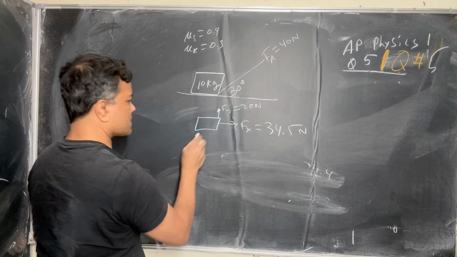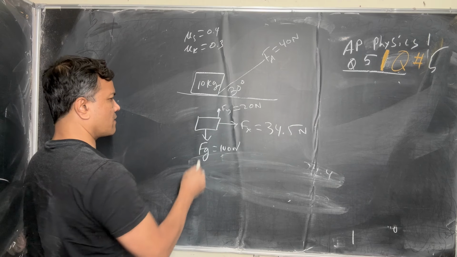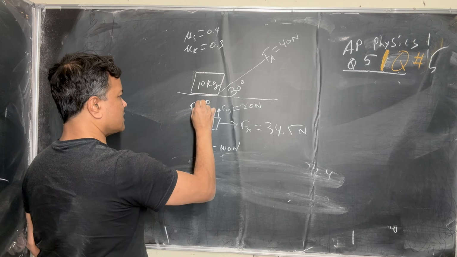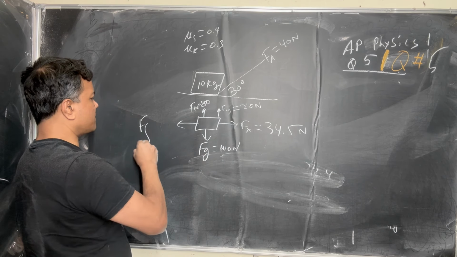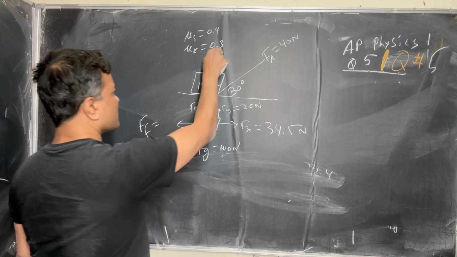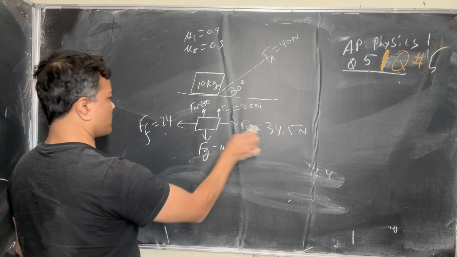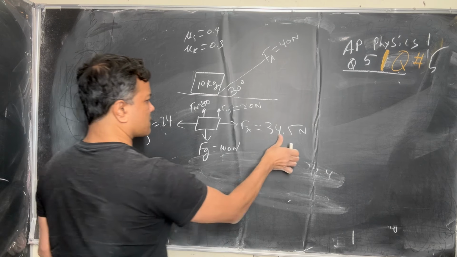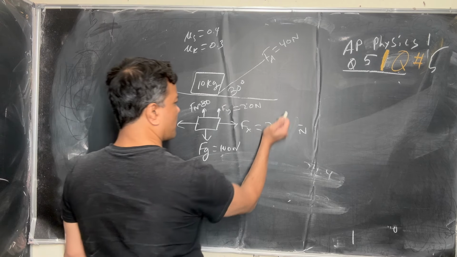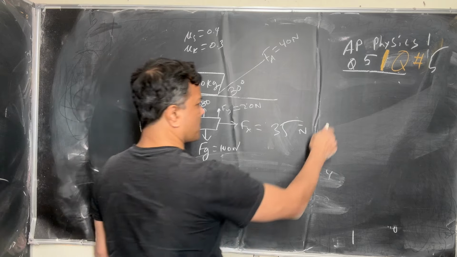Okay, this is Fg equal to 100 Newton because this is 10. This is Fn: 100 minus 20, 80. This is Ff equal to 80 times 0.3, 24. Okay, now 24, 34, this is 10, very nice. Let's make it 34.5, so 35.